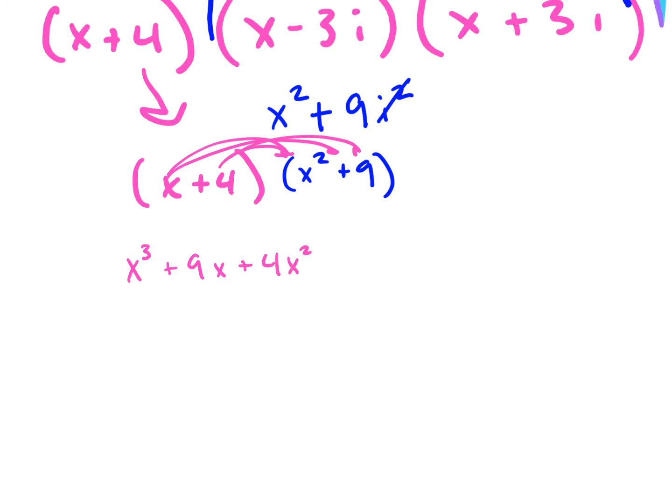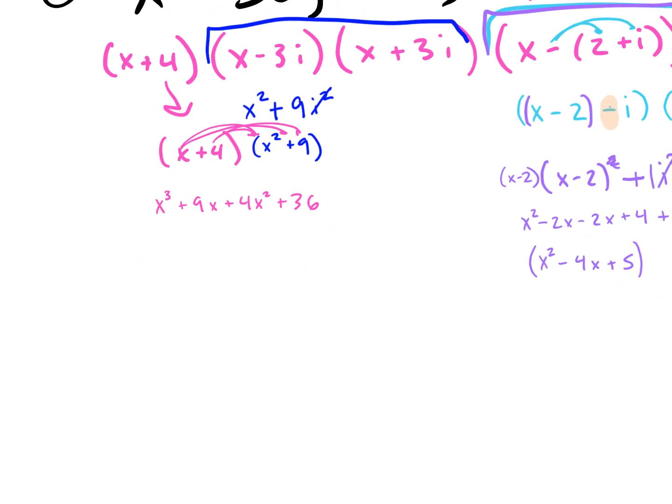And 4 times 9, 36. Do I have any like terms? Nope. So I'm just going to rewrite this in standard form down here with the other one that I still have to multiply it to. So I have x cubed plus 4x squared plus 9x plus 36.